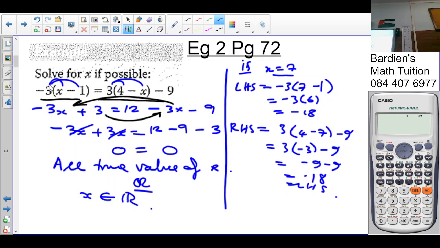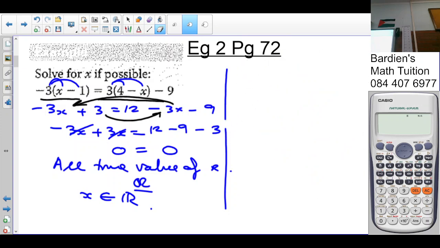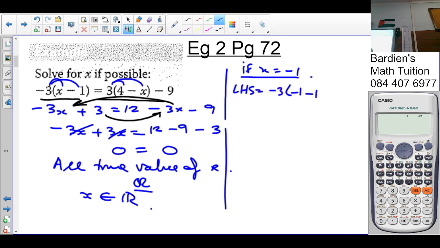Good. Choose another value. Negative 1. Good. If x is equal to negative 1, firstly the left hand side is negative 3 into negative 1 minus 1, which is negative 3 into negative 2, which is 6.